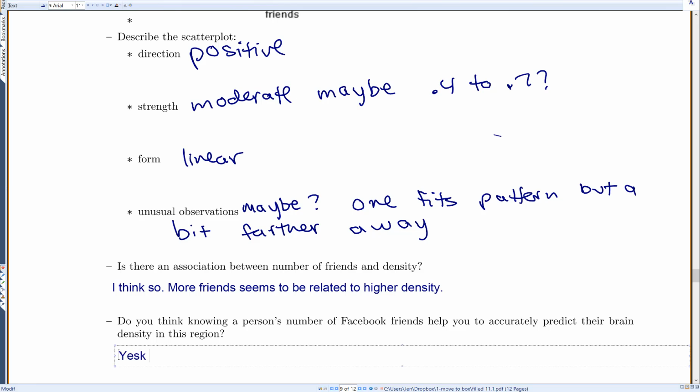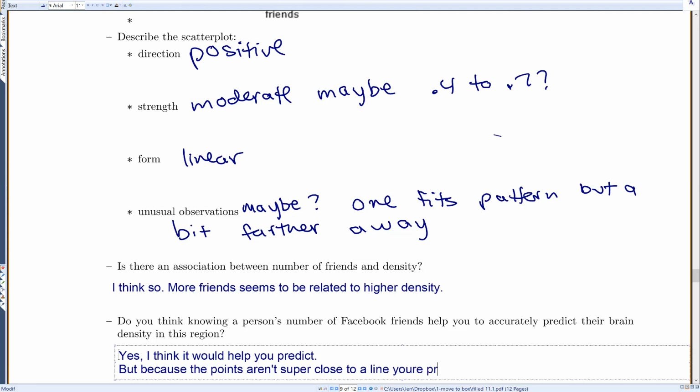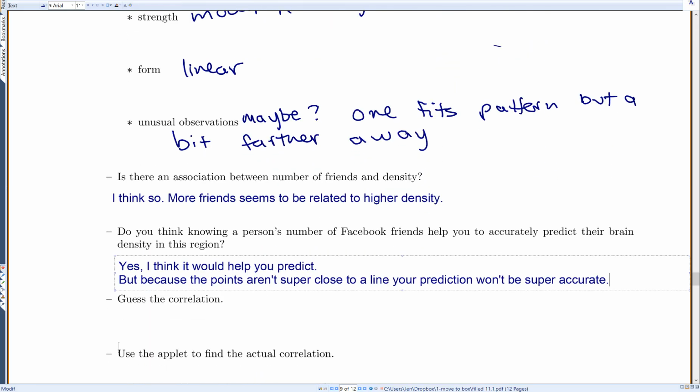So I would say, yes, I think it would help you predict, but because the points aren't super close to a line, your prediction won't be super accurate. Okay. It's still better than nothing, but it's probably not going to be super accurate.